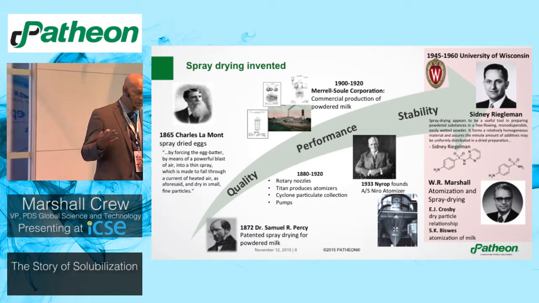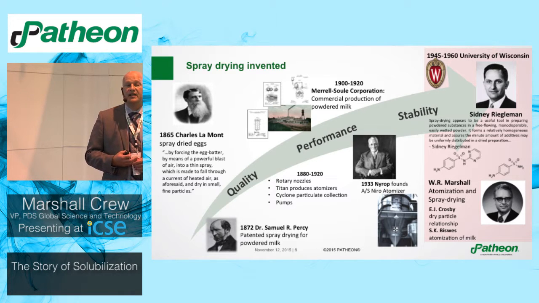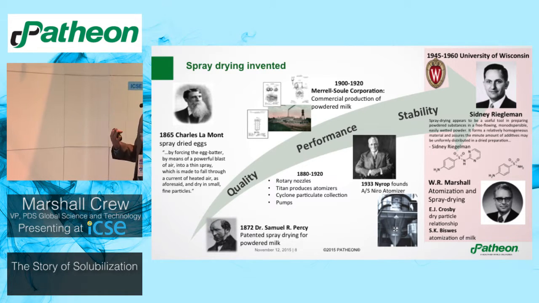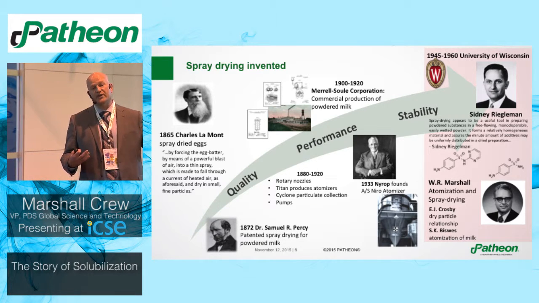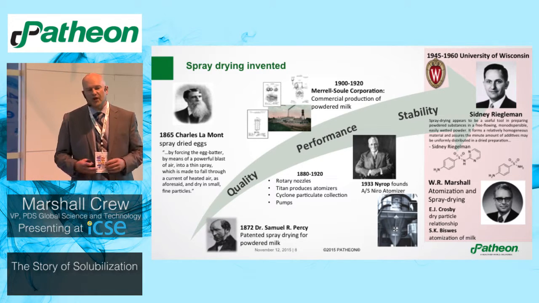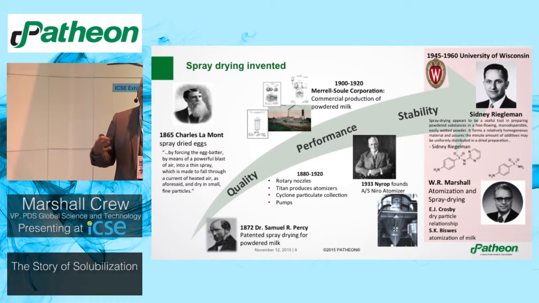And actually one more very key piece, which is particle collection. So those types of machines didn't exist in the 1800s and were developed more or less in the late 1800s, but not really into a workable unit device until about 1920.